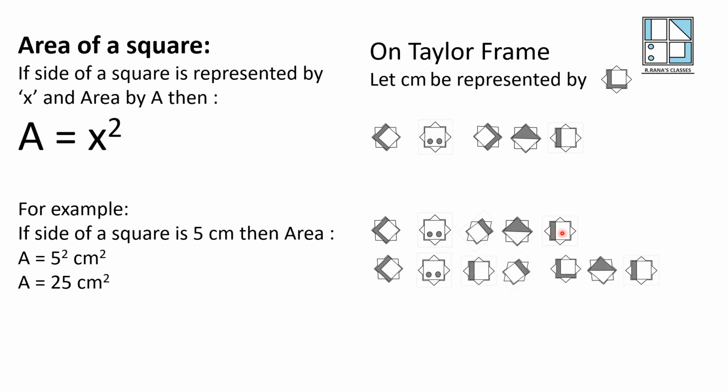On simplifying, we get A is equal to 25, 2 and 5, 25. Then it is centimeter, using the same symbol for centimeter, raised to power 2, that is centimeter squared. So you can easily represent area on a Taylor frame and calculate it.